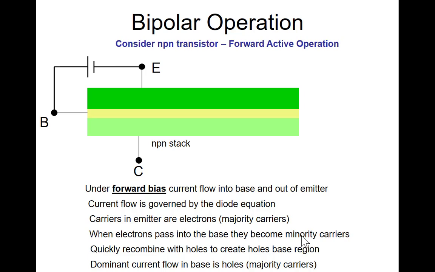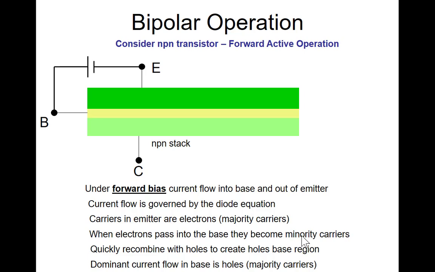Current will flow into the base and out the emitter. In fact, what have we formed? A diode. And this current flow will be governed by what? The diode equation. When I was a student, bipolar transistors were kind of expensive.